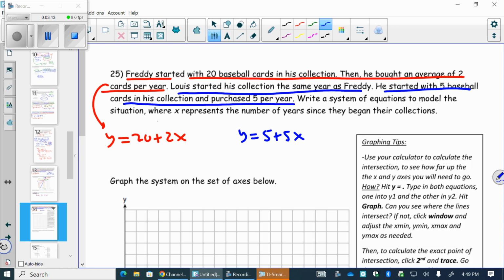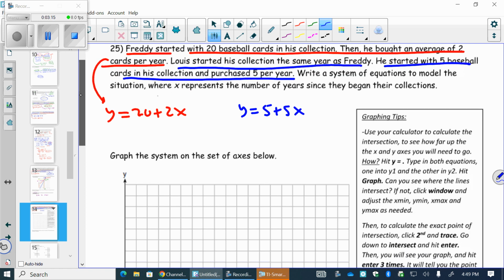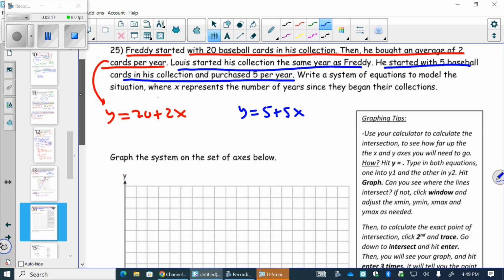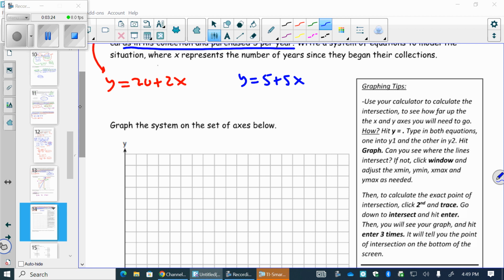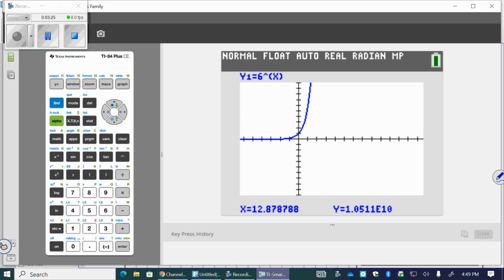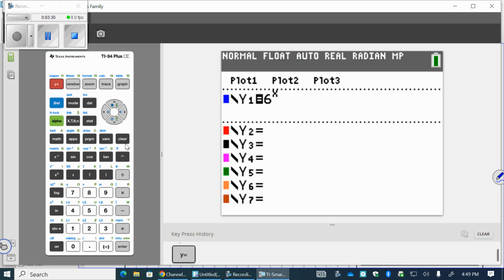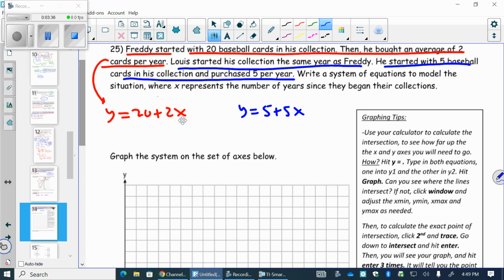So you could try and graph this in the calculator and see where they cross. It might be a neat thing to show you. Let's go to the calculator. I'm going to go to y equals, and if anything's there, I'm going to hit clear. And I'm going to type in the equations. First equation was 20 plus 2x, and the second equation is 5 plus 5x.